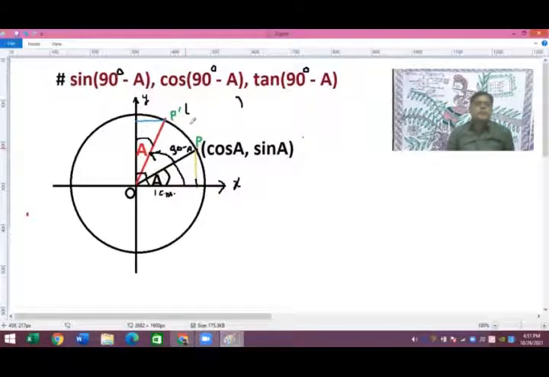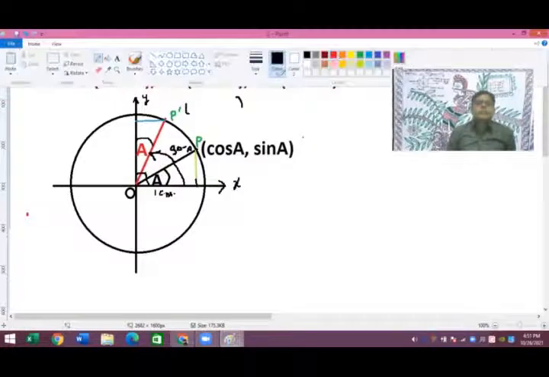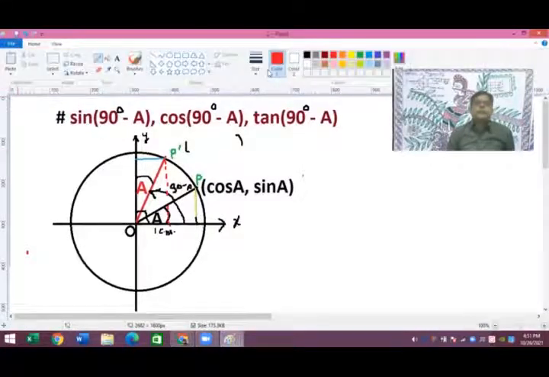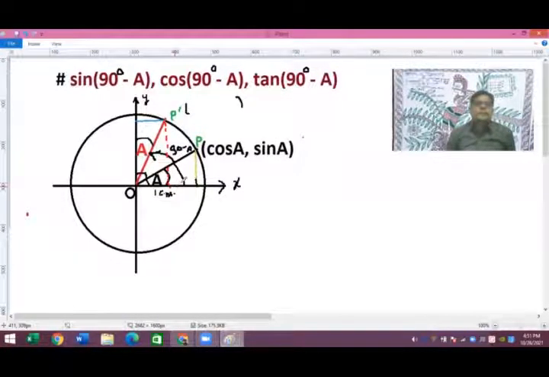So for example, if you are talking of the x coordinate, let's draw a line perpendicular to this x-axis, and then we'll see what the y coordinate and the x coordinate of this point P dash will be. So here, if you are talking of 90 minus theta, this angle from here to here is 90 minus A. Sorry, I'm always saying theta.